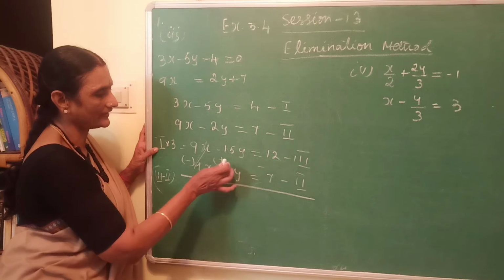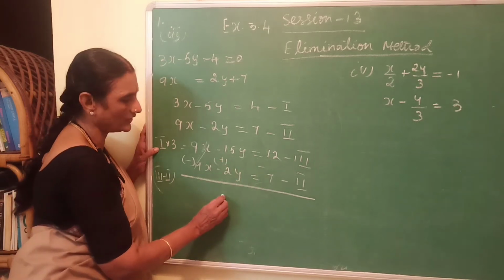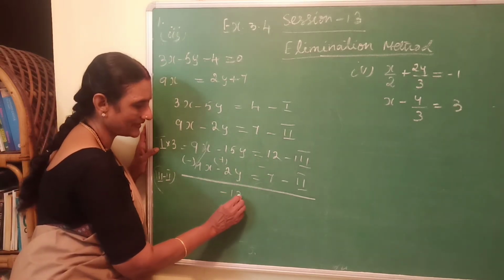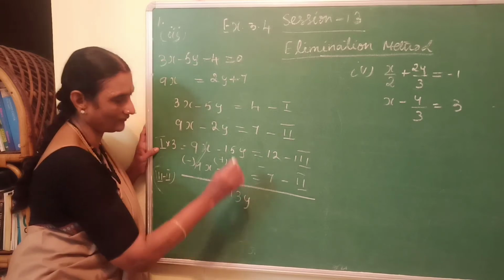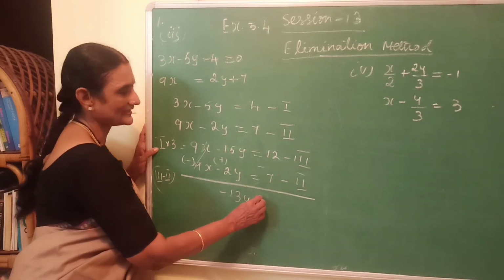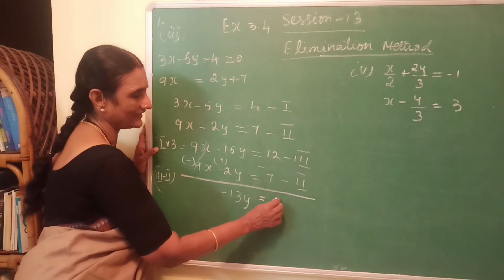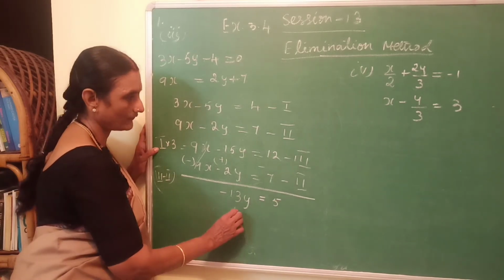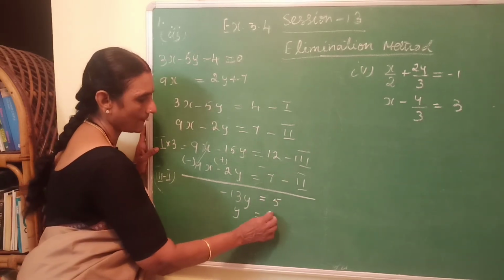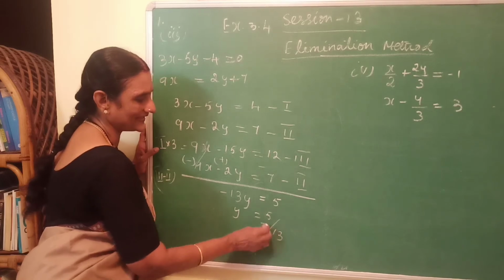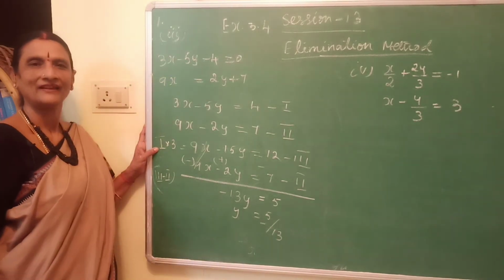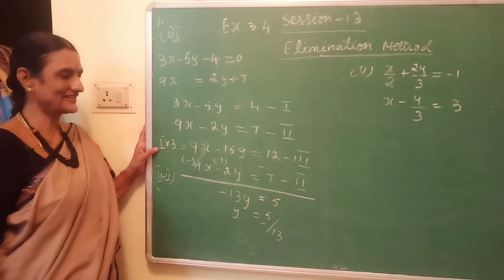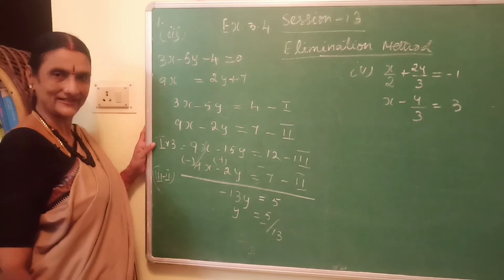Minus 15y plus 2y gives you, tell me what it is, minus 13y. If I subtract 12 minus 7 gives you 5. Therefore, y is equal to 5 by 13. There is a negative sign here. Are you understanding? There is a negative sign for it.